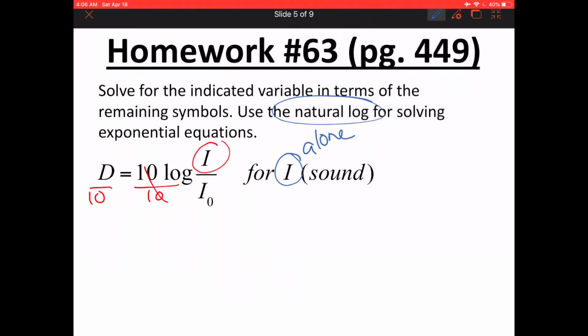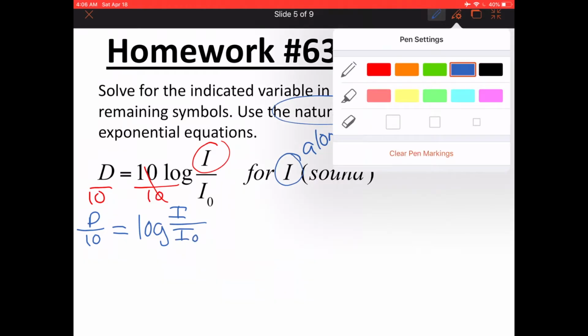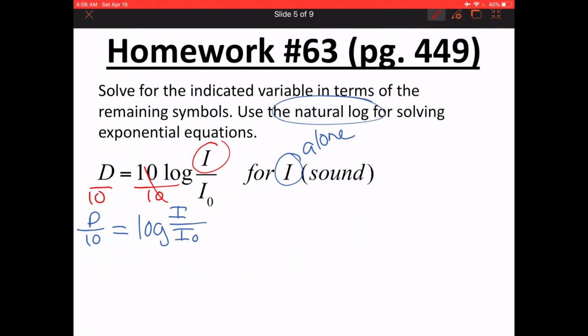So when I divide both sides by 10, I have D divided by 10 equals the log of I over I sub 0. Now remember, if you see that word log, my default base is 10, even if they're not showing it to you. In order to get rid of that log, I'm going to rewrite this in exponential form.